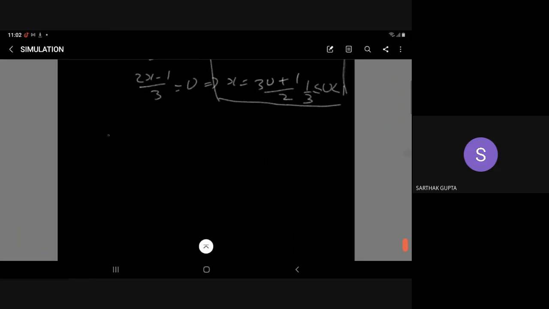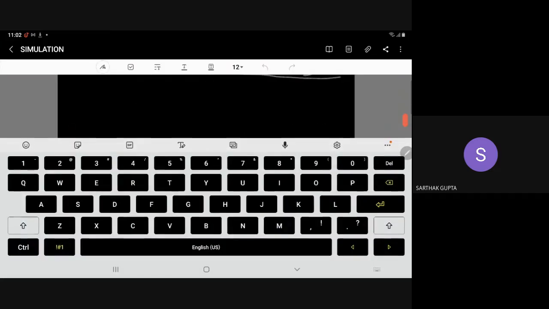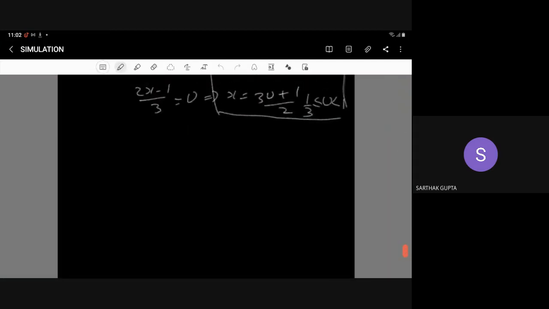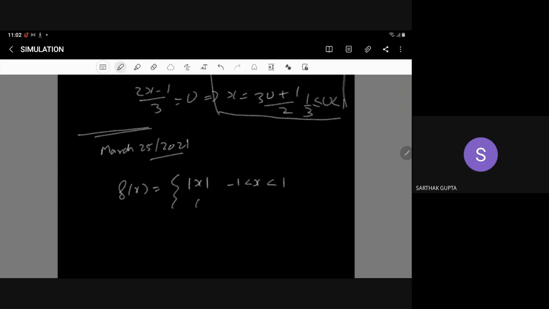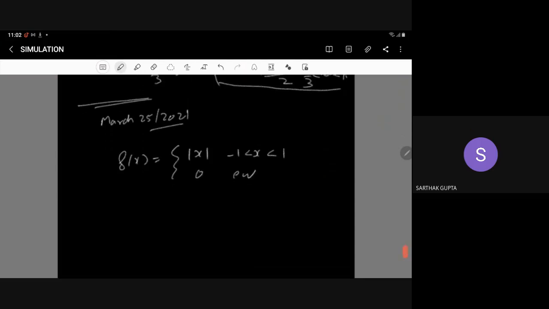So here we have, it is given to you fx is equal to mod of x for the range from -1 to 1 and elsewhere it is 0.